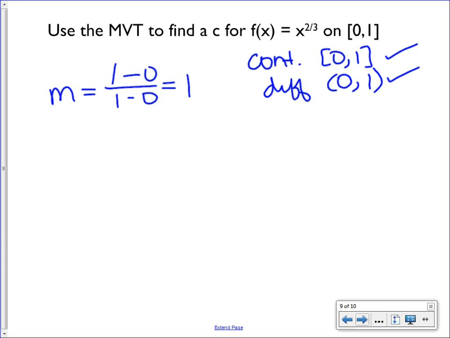Now what do we do with that? Our derivative is 2/3 x to the negative 1/3, which we would write like this, correct? Yes. We would like to know where this is 1.